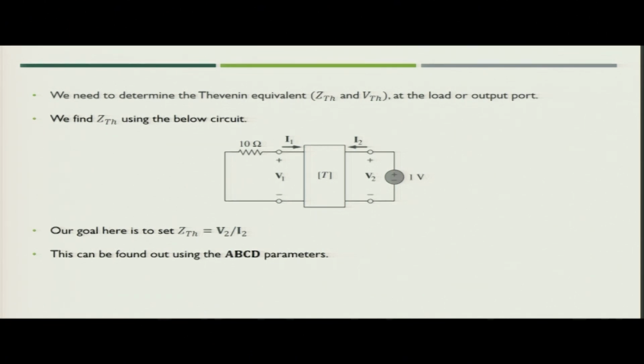Now, first what we need to do? We have to determine the Thevenin impedance and Thevenin voltage. First, let us find out the value of Thevenin impedance. For that, what we have to do? To find out the value of Thevenin impedance, we need to short circuit all the independent voltage sources.